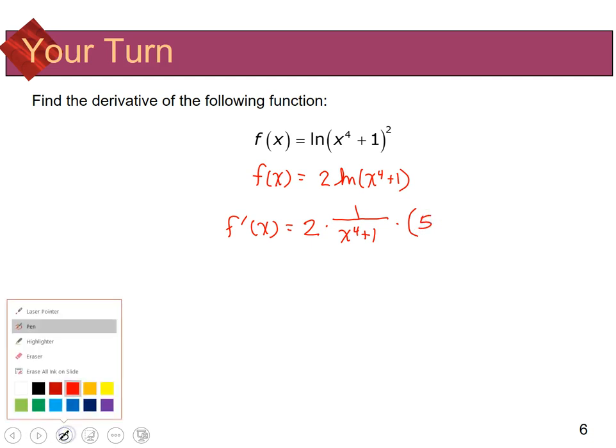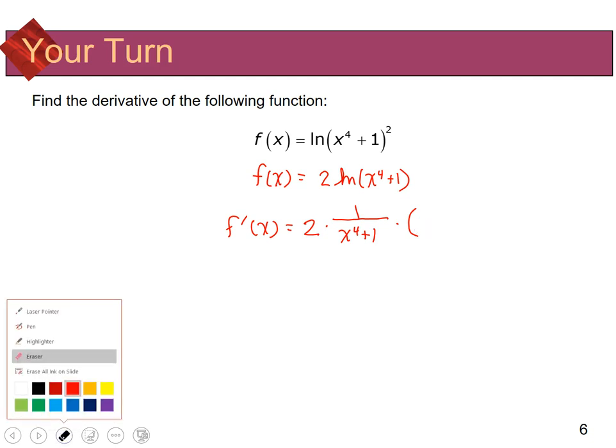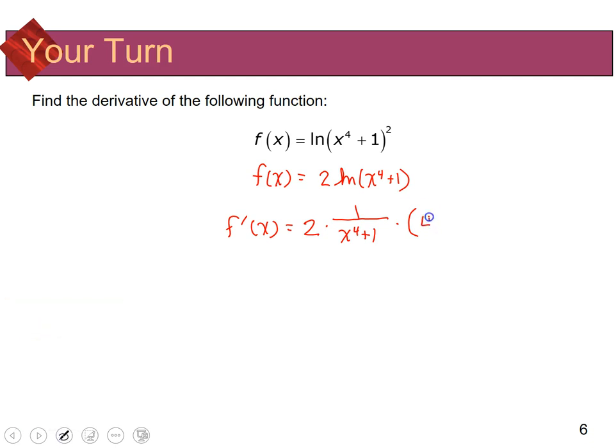Take that back. Got a little bit rambunctious there. Okay. 4x cubed. So if I put that all together, I'm going to have 8x cubed over x to the fourth plus 1.